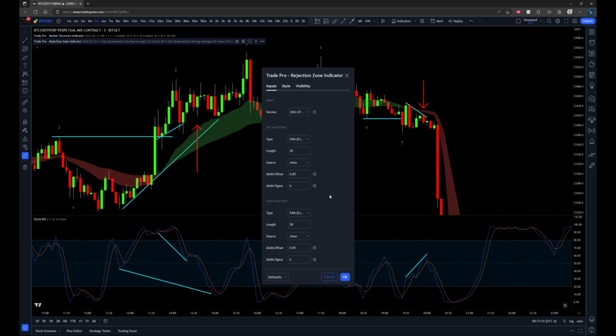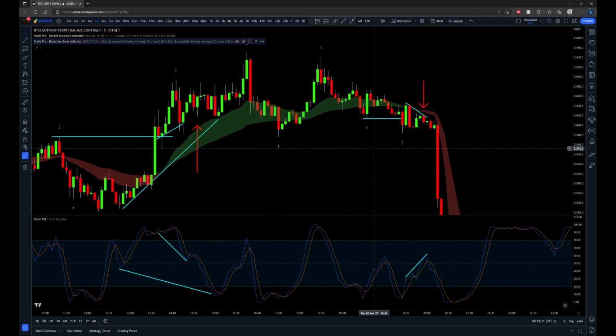It is free on TradingView, and if you don't use TradingView, you can simply use a 20 period exponential moving average and a 50 period exponential moving average. When the 20 is below the 50, it's going to make a red cloud and determine it as a downtrend. And when the 20 is over the 50, it's going to make a green cloud and show an uptrend. So you can use that on any platform. It's free on TradingView if you use TradingView.